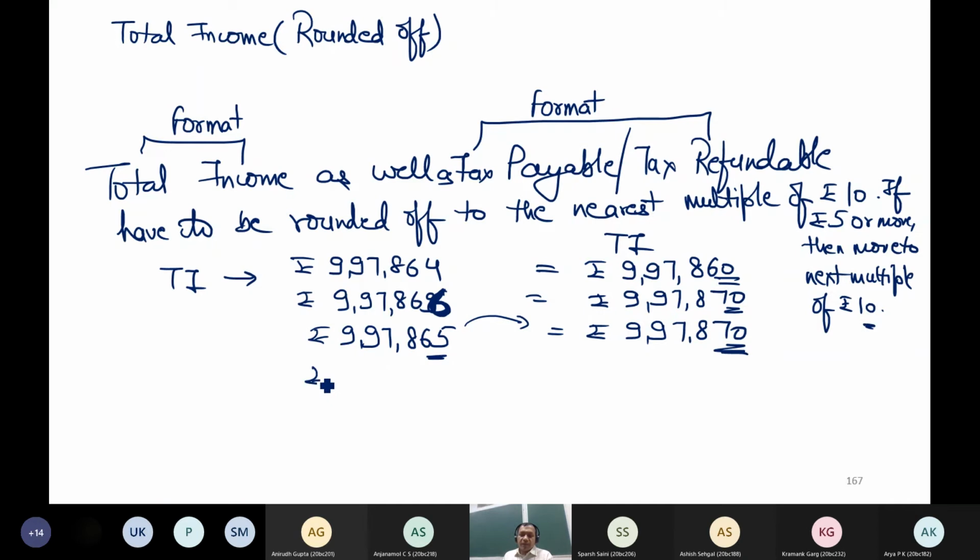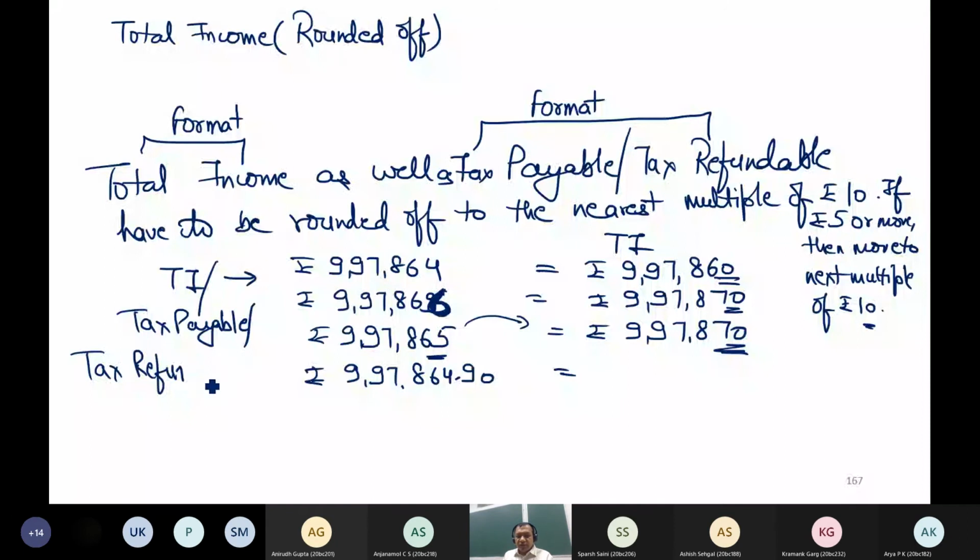If rupees 9,97,864.90 paise, can you tell me the answer? What will I write, whether total income, tax payable or tax refundable, because the provisions are same. This is the way to round it off.